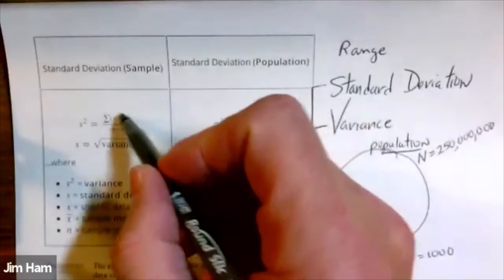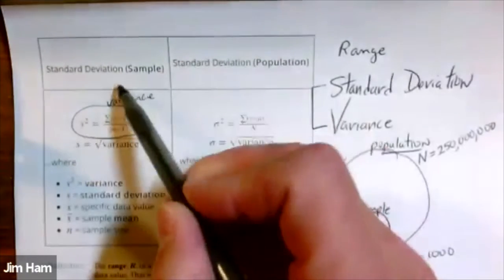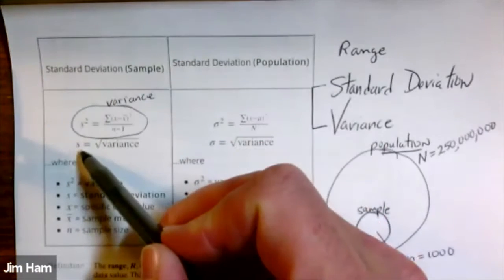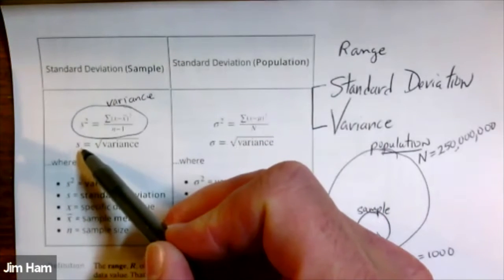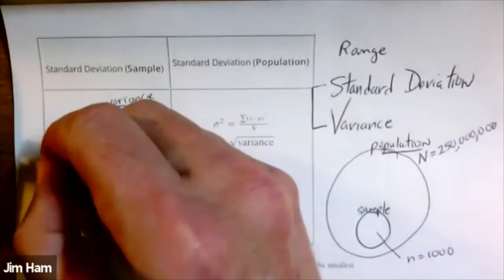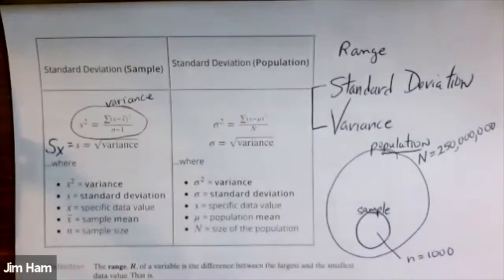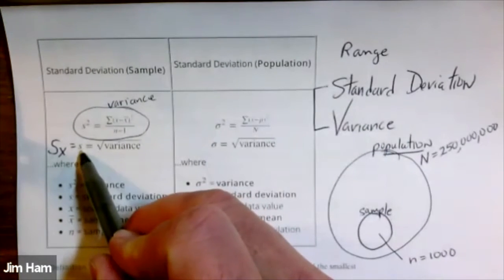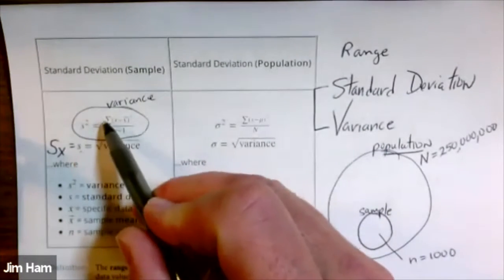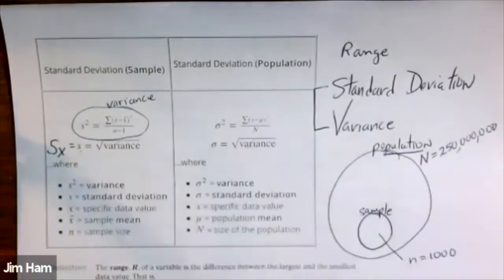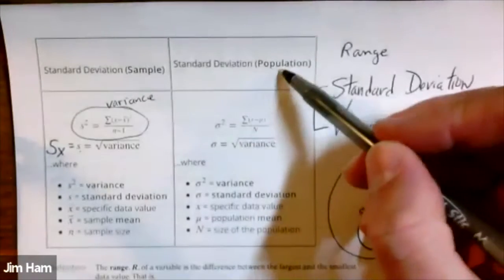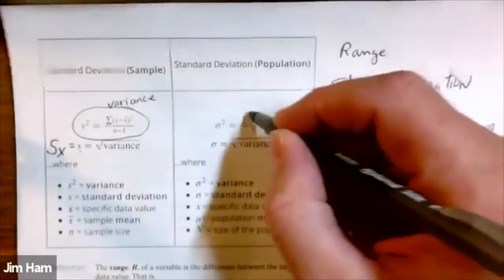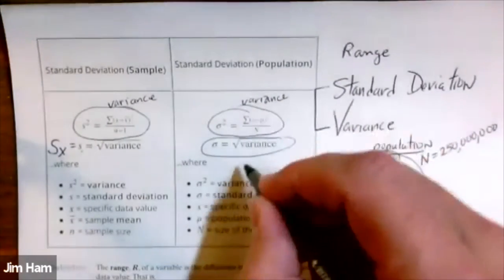So this is the variance, and this is the formula that we use for the sample variance. Notice the variable that we use is S. Our calculator is going to use Sx, saying that this is the standard deviation of the variable X, and the standard deviation is the S here. If we can calculate the variance, to get the standard deviation all we do is take the square root of the variance. All right, so we have the population variance and the population standard deviation here.